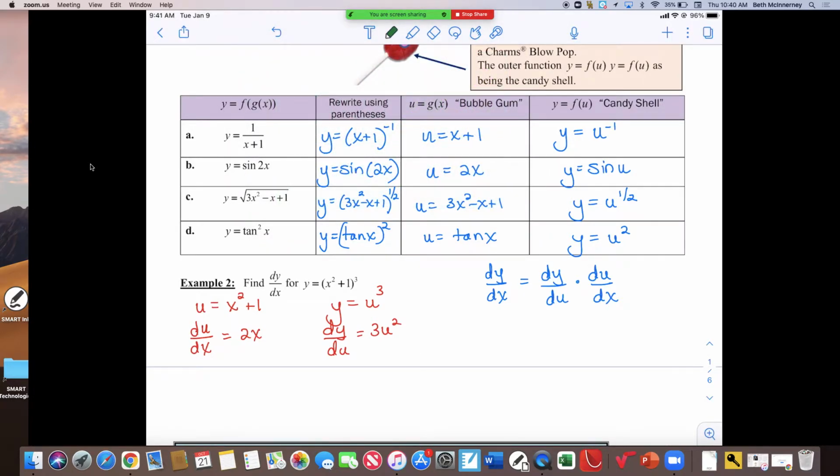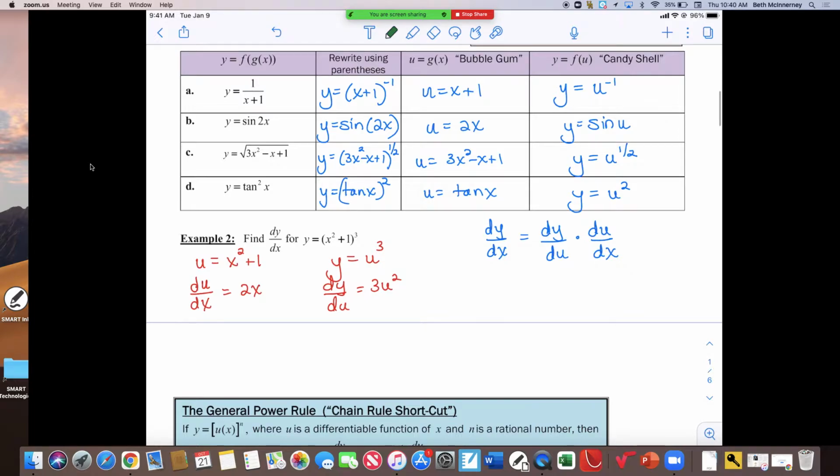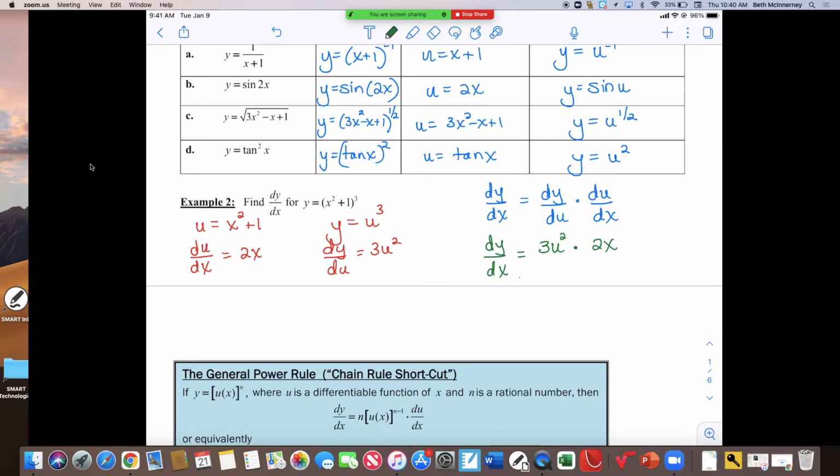All right, so now we're going to come back over here to the right. If I want to find dy dx, that is dy du, which was 3u squared, times du dx. Well, u is x squared plus 1.